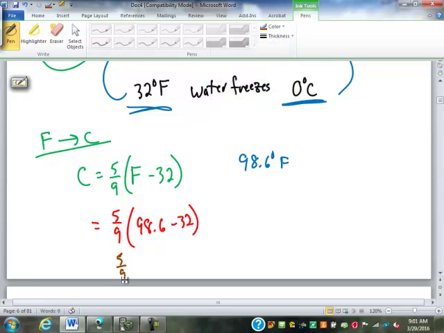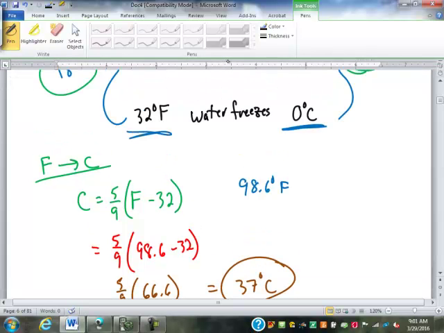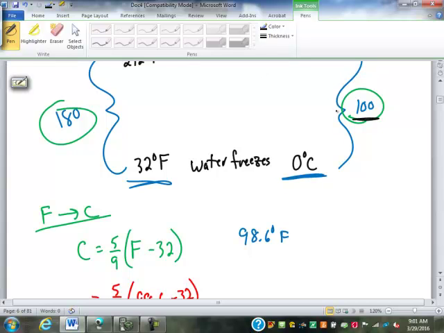This is 5/9 times 66.6, which is 37 degrees Celsius. Wait, where did you get the 5/9 from again? That's the 100 degrees divided by 180, that reduces to 5/9.